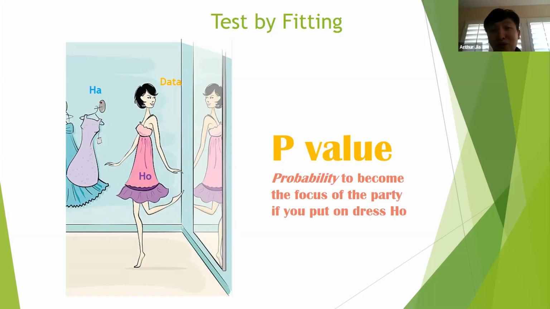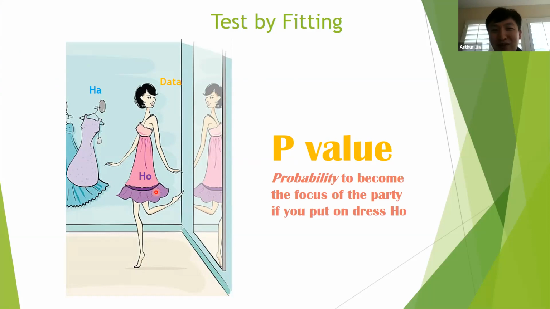So what you do is, you just put this one, which is labeled the null hypothesis, on yourself and look into the mirror. You see whether this fits you or not. If it fits, then you're gonna take this one and go to the party and become the focus of the party.